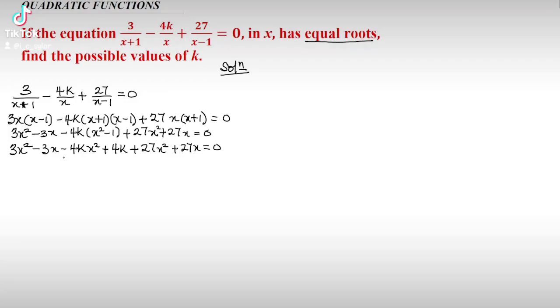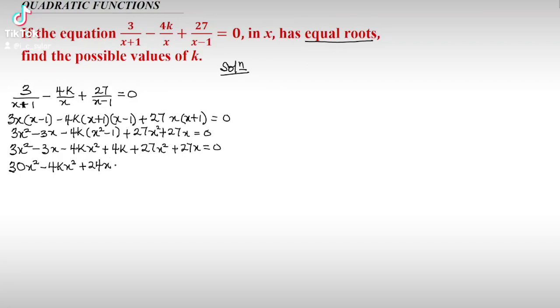So let's simplify by grouping like terms. I'm going to have 3x squared plus 27x squared giving me 30x squared, then minus 4kx squared, then I'll group the x as well, which is negative 3x plus 27x, giving me positive 24x.